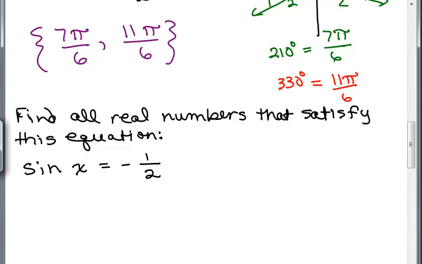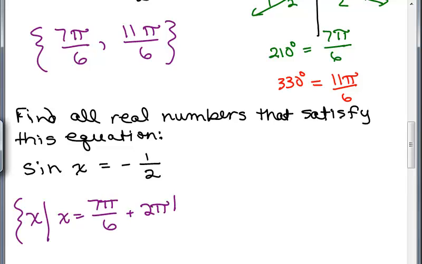So now the solution would be not just 7 pi over 6, but 7 pi over 6 plus 2 pi k. Or, in fact, let's do a little bit better notation here. x such that x equals 7 pi over 6 plus 2 pi k, or x equals 11 pi over 6 plus 2 pi k.